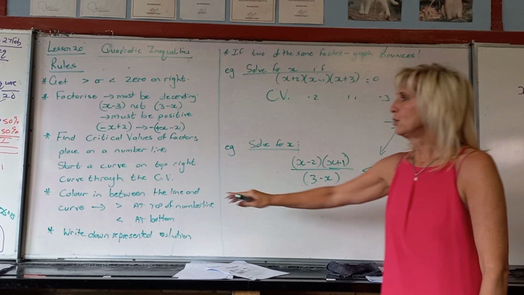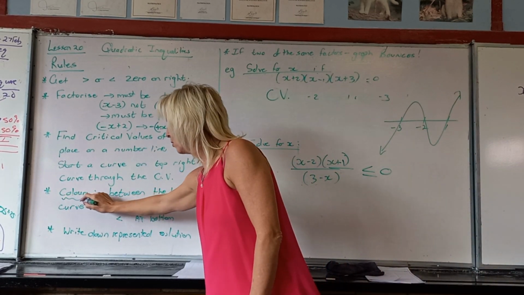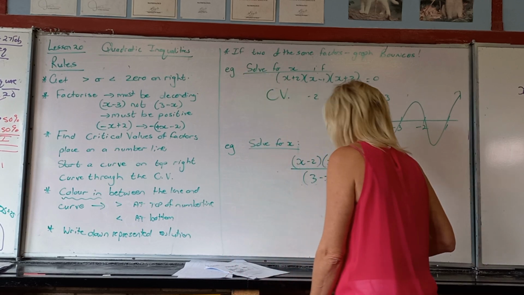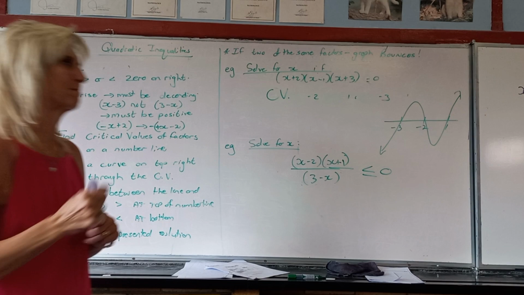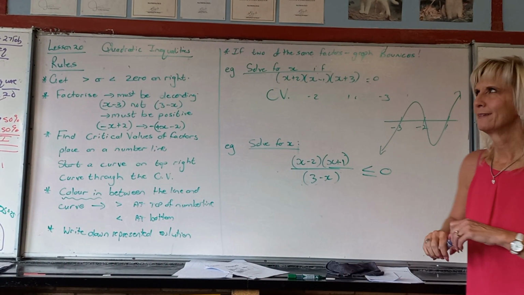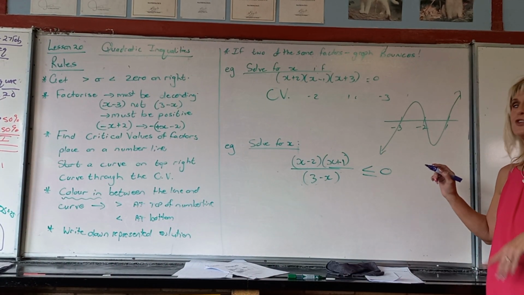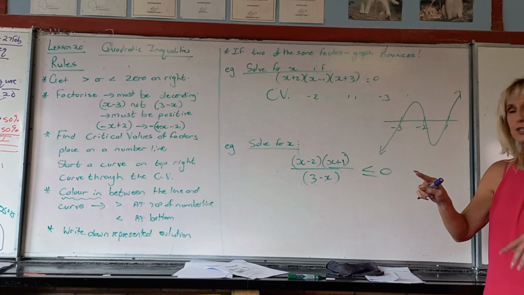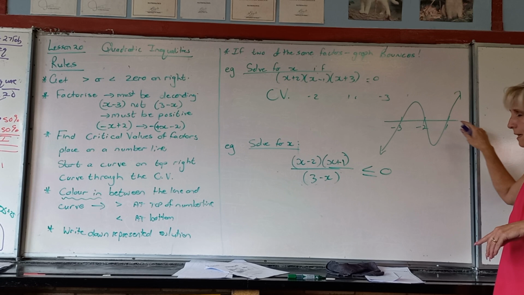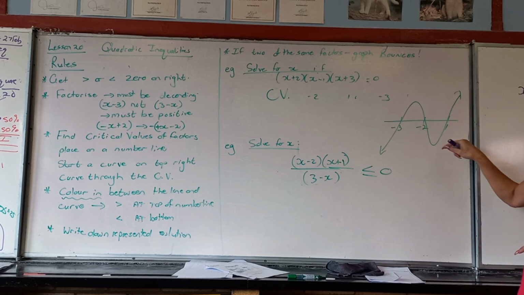Now, you must color in, or what do they call it? Nice word. Looking for the word. Shade. Thank you. You shade an area. The area that you're going to be shading, it's all about the number line and the curve.